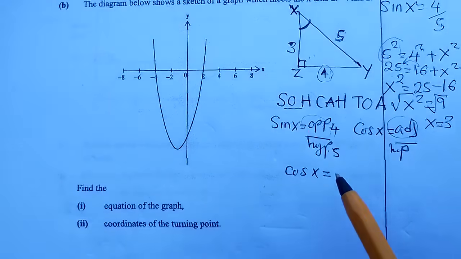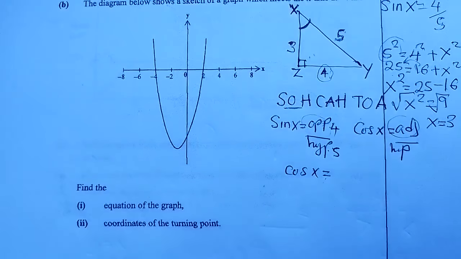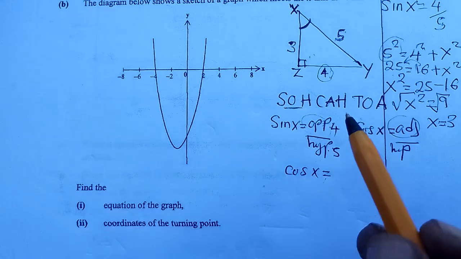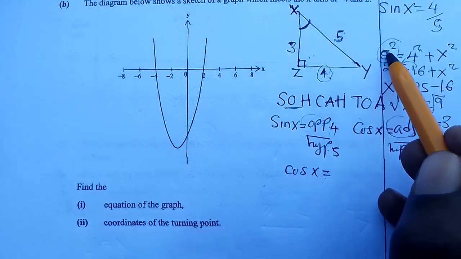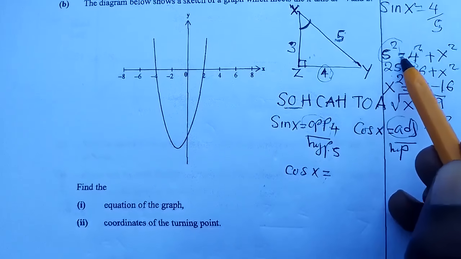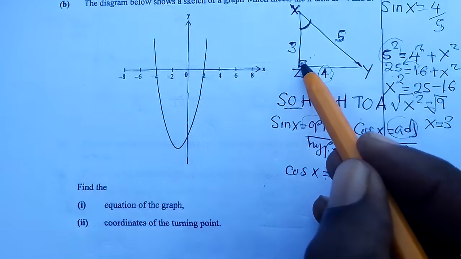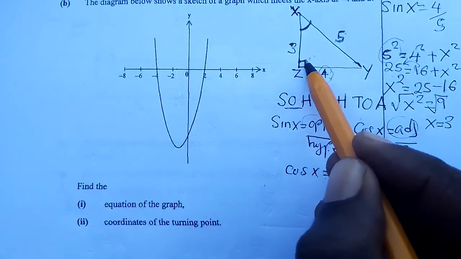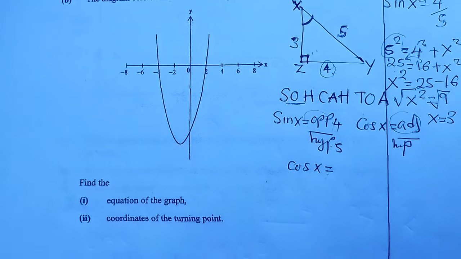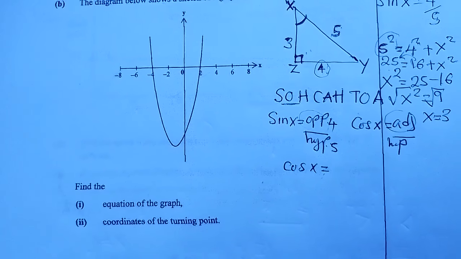Why did I say 5 squared equals? We concentrate on where the angle is pointing.